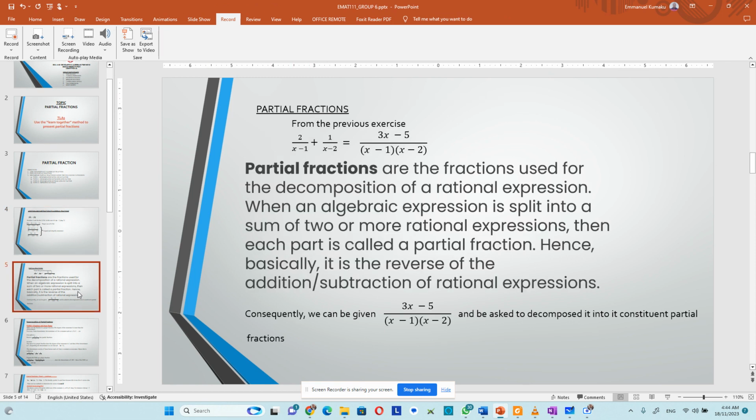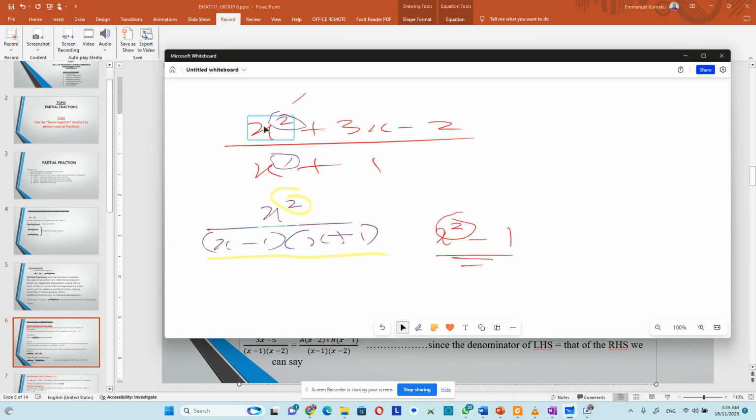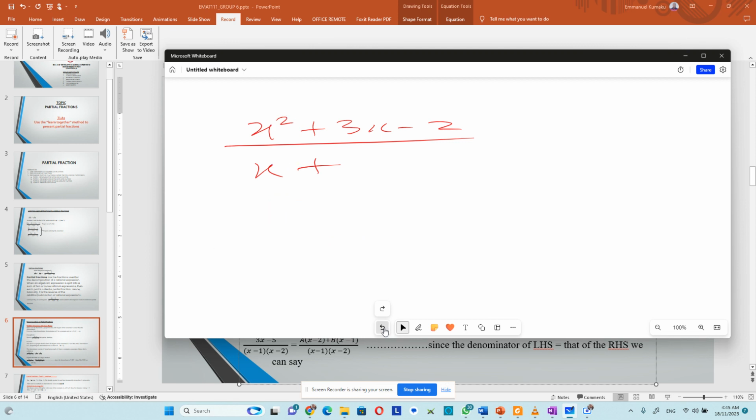I have just brought that one to see whether we can decompose it back, to get our partial fractions back. So let's look at how this will be done. Let me clear the screen.